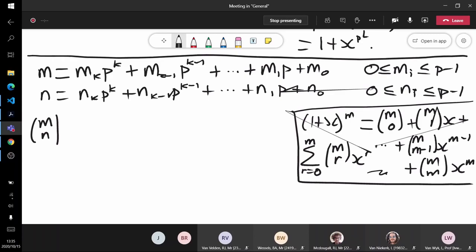Anyway, from the binomial theorem, we can see that m choose n is the coefficient of x to the n in the expansion of 1 plus x to the power of m.